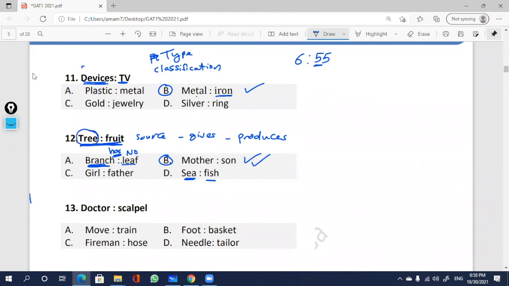Okay. So we have here, let's say it's like mother, son. First, the son will be in the mother, then the mother gives birth, then we have the son. Also here we have fruit. We can take it out of a tree, and it's the production of a tree.